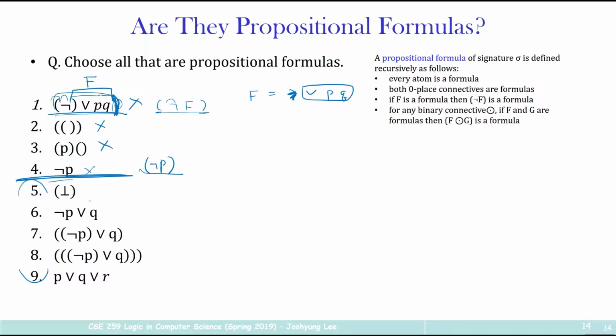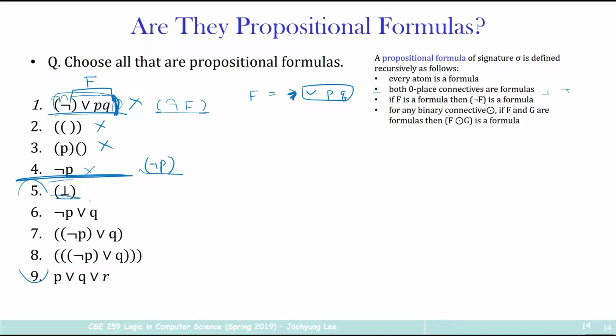Number 5. Is 5 a formula? It is not. So why is that the case? It doesn't conform to any of these patterns. So look at the right one. This one is not an atom, and it's not a zero-place connective alone, because only bottom or top can be the second case.